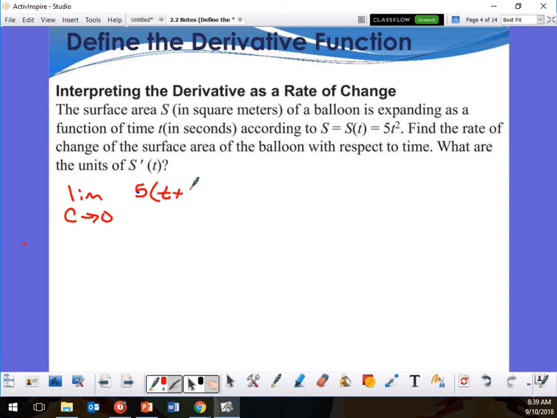So this is t plus c squared, minus 5t squared, all over c.